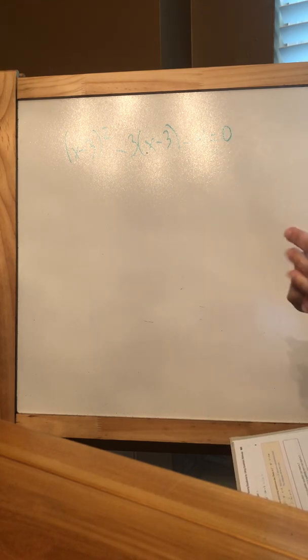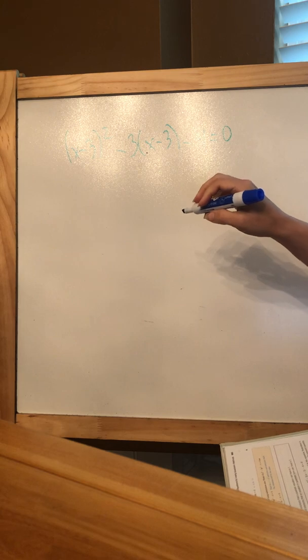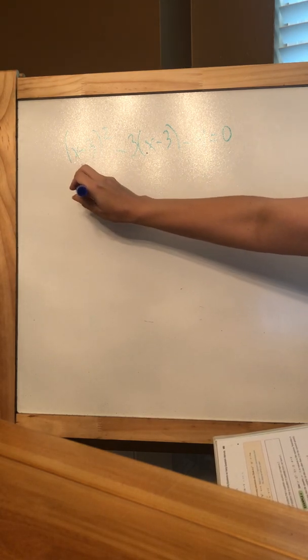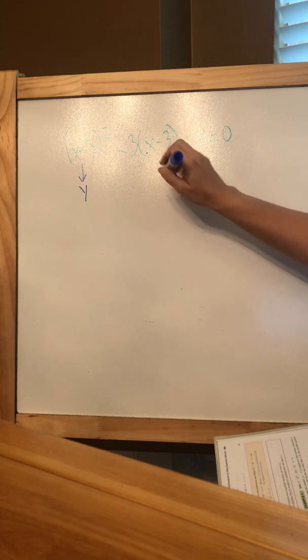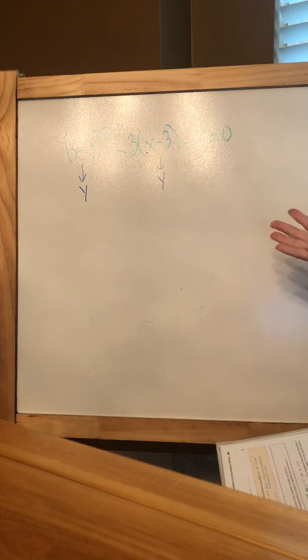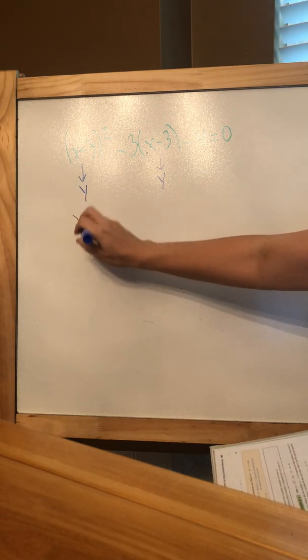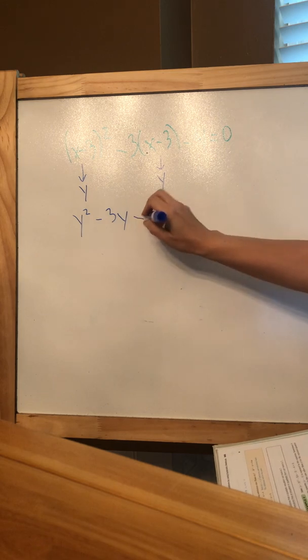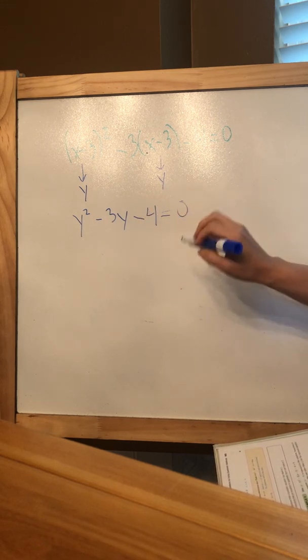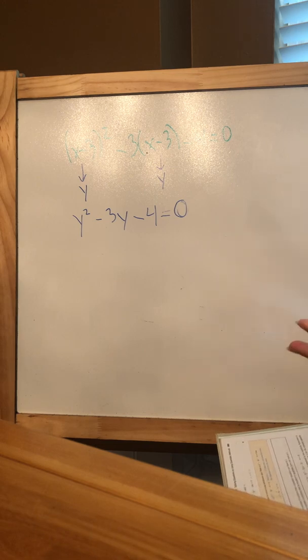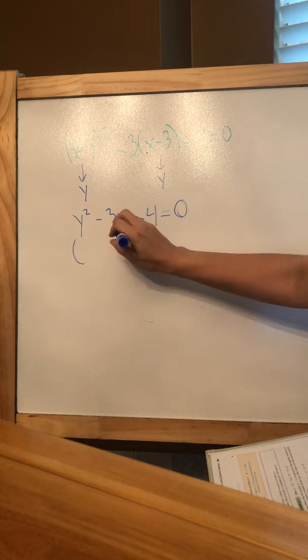So if we were to substitute for x minus 3, if we were just to say that that's y, we just call x minus 3 y, and we rewrite this, we would have y squared minus 3y minus 4 equals 0. Now it definitely looks quadratic, right? So now you just factor and solve.